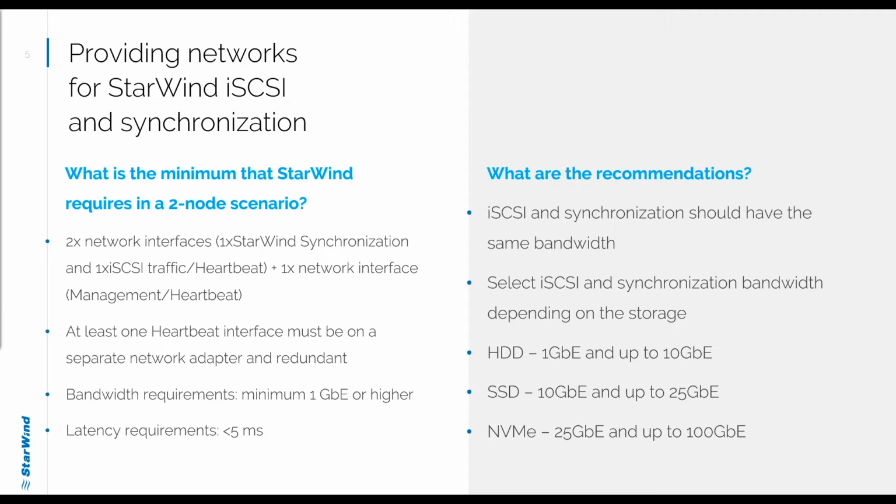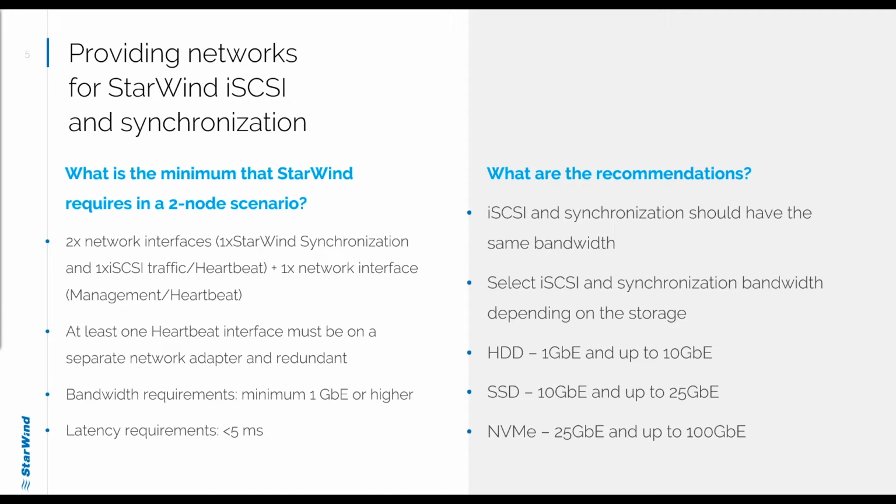In this regard, iSCSI and synchronization should, first of all, have the same bandwidth. If iSCSI, for example, has higher bandwidth than the synchronization channel, the overall performance would still be bottlenecked by the synchronization bandwidth, since StarWind does active replication.